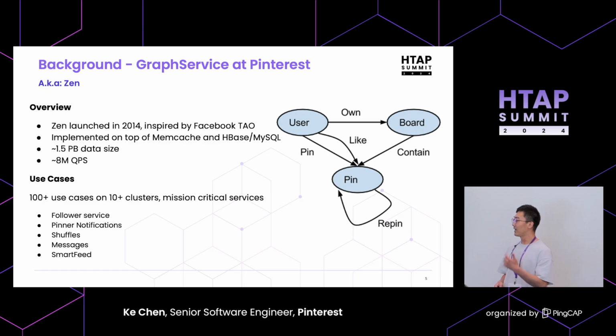Today, the total data size served by Zen is over 1.5 petabytes, and the total QPS is about 8 million across all the clusters. I think the biggest cluster is serving about 1.5 million QPS from a single cluster, which is a pretty big system for us.